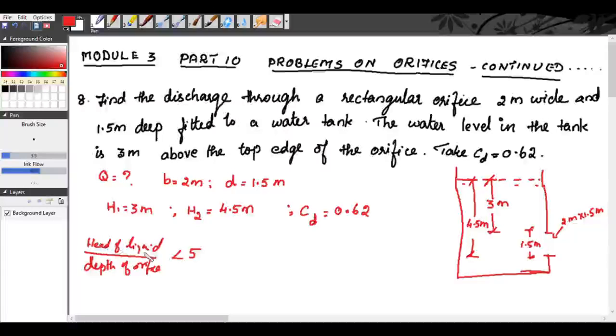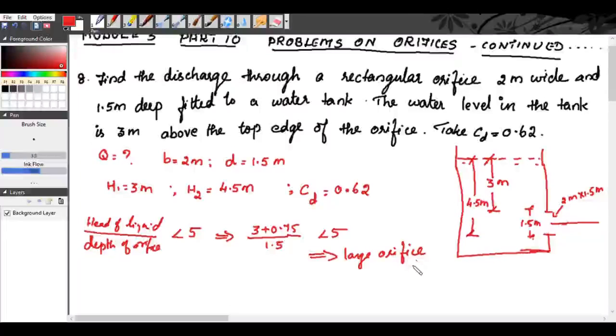Here the head is taken from the center line of the orifice, so it is 3 plus 0.75, and the depth of the orifice is 1.5 meter. So this is less than 5, which implies our orifice is a large orifice.